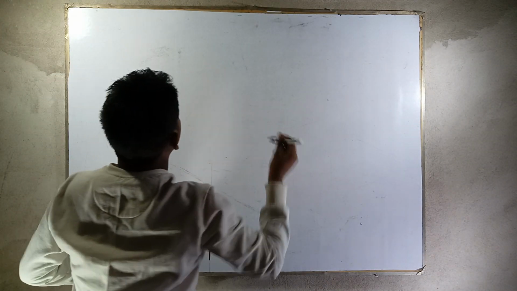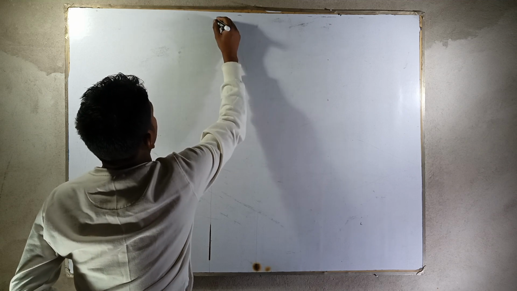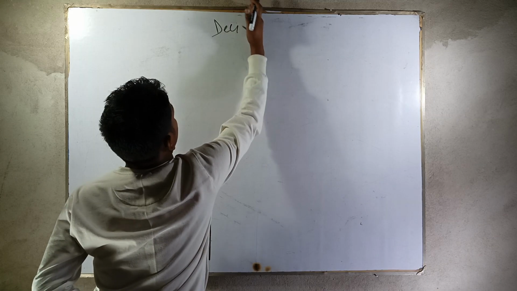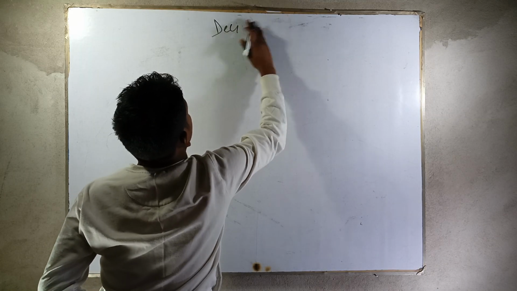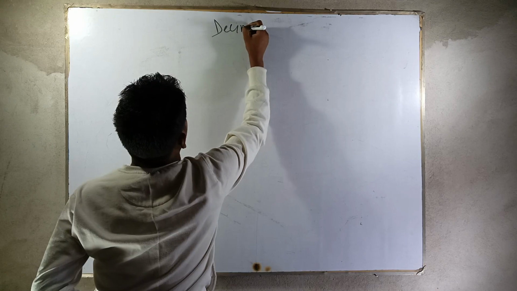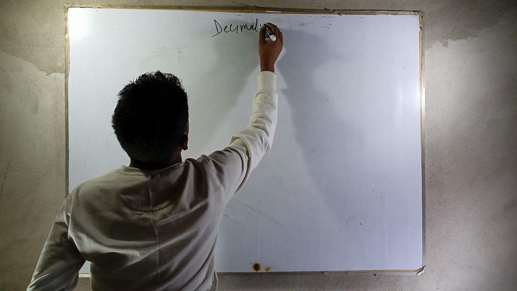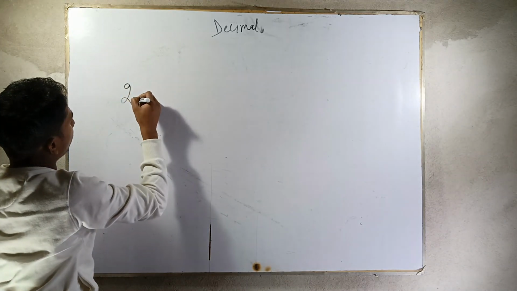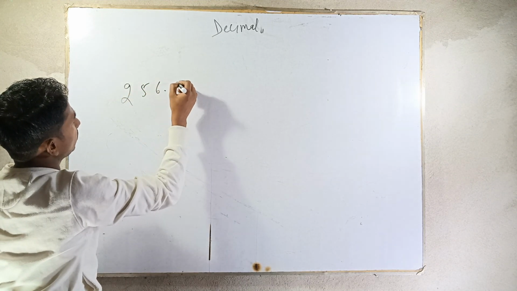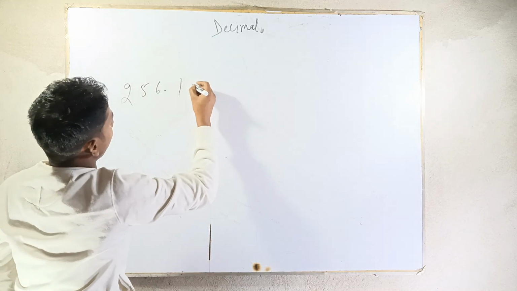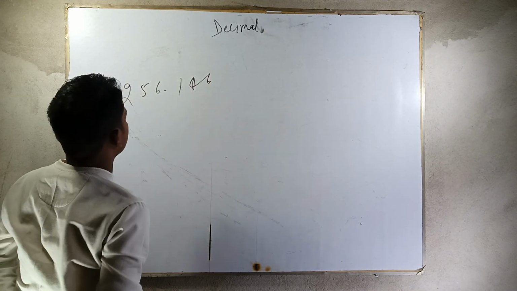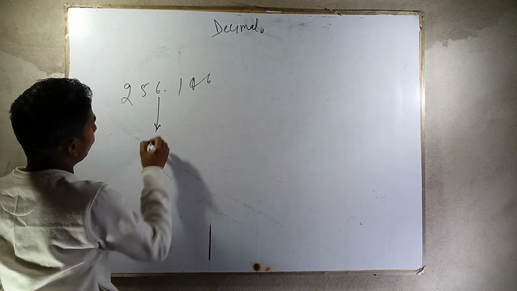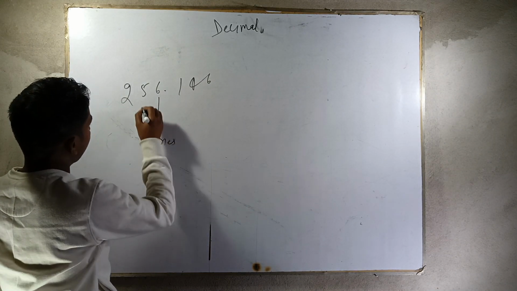So now one is the rule of decimals. Suppose here is 256.146.